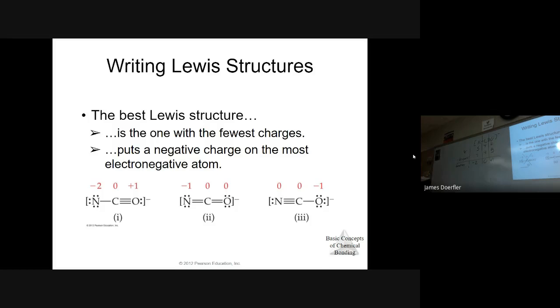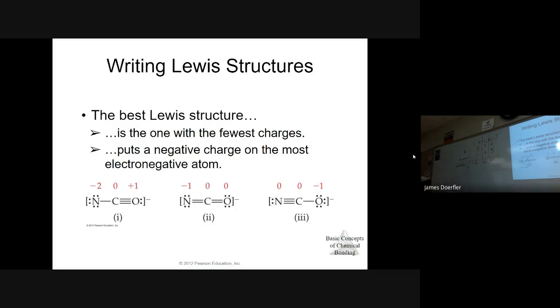Okay, so which Lewis structure is the best one of these 2? The one in the middle or the one on the right? The one on the right. Again, because we've minimized charges, the formal charge equals the charge on the ion, so that's good. But on the one on the right, it places the charge on the more electronegative atom, the oxygen.